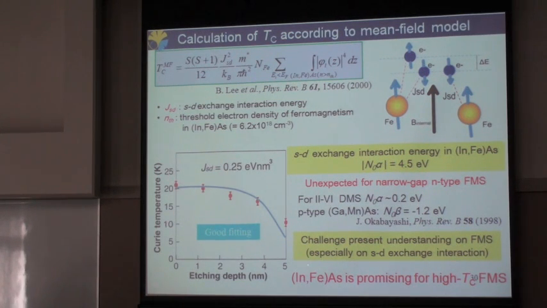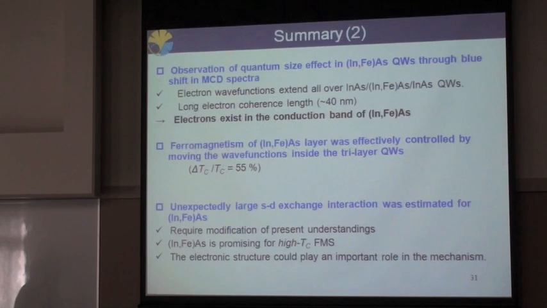This means that these results challenge the present understanding of DMS, especially of sd exchange interaction. But if this is true, if we have large sd exchange energy in this material, it is very promising for high TC ferromagnetic semiconductors, if we can prepare a good material with much higher electron concentration.